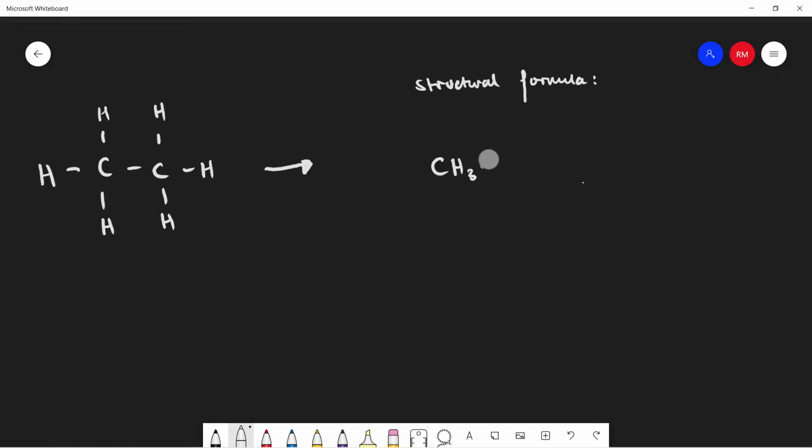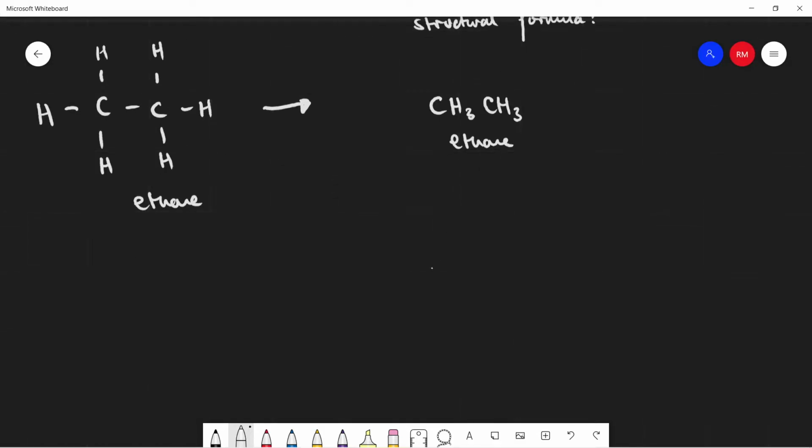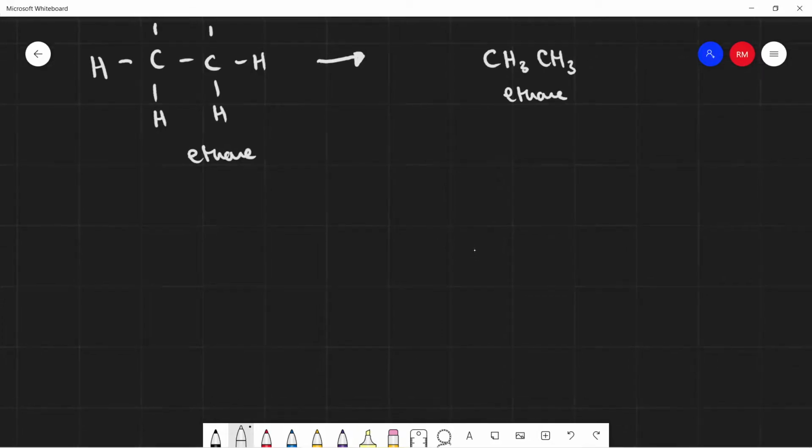You might sometimes see structural formula actually with a bond between them as well, but here today I'm just going to do it without the bond here. And that is ethane as much as this is ethane here. So that's pretty simple, huh?